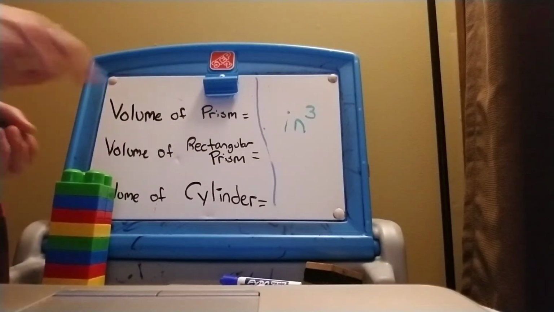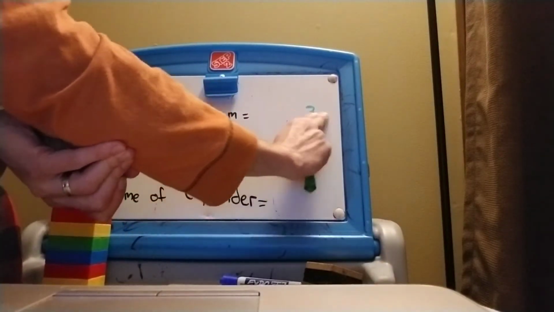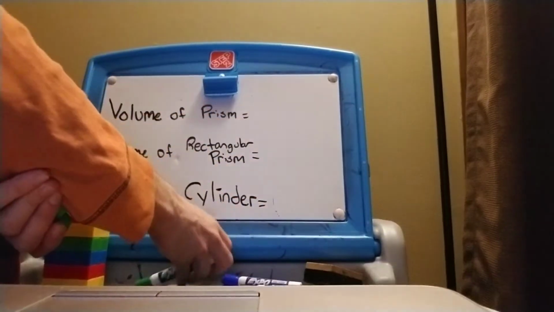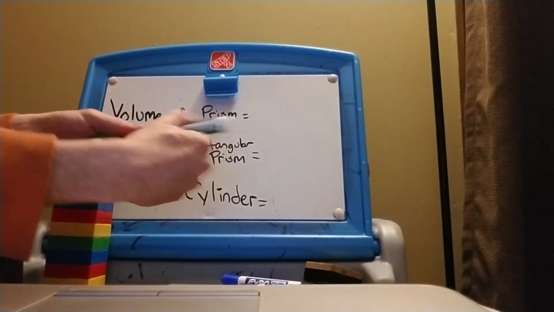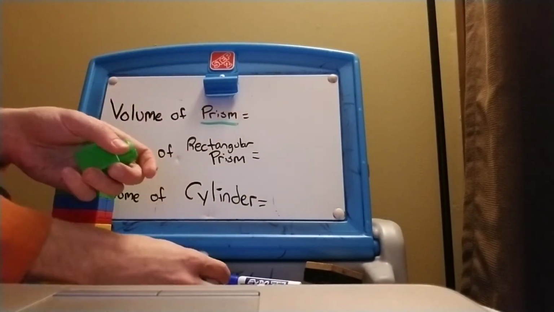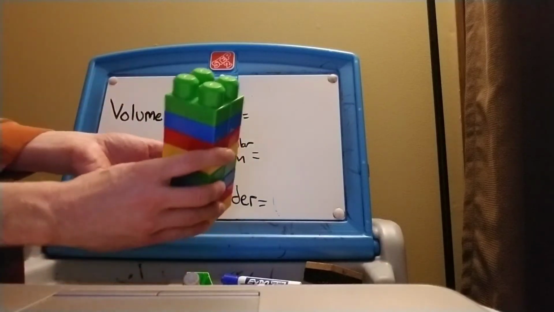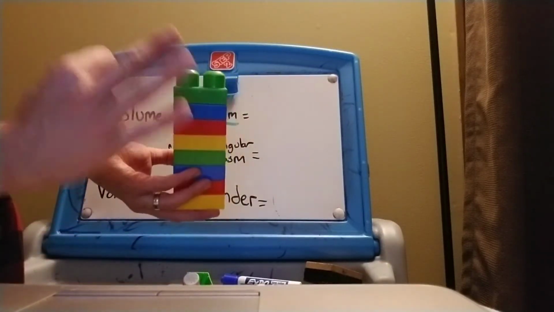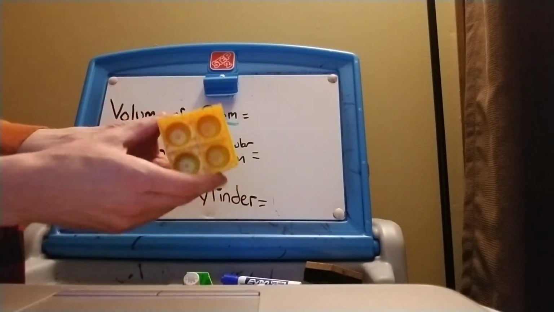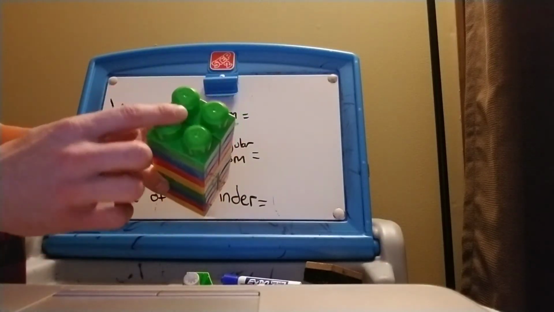So the first thing I have up on this board here is volume of a prism. So let's talk about this word. What is a prism? So before we get into any of the formulas, a prism is any closed 3D shape where you have the same shape on the bottom as you do on the top.